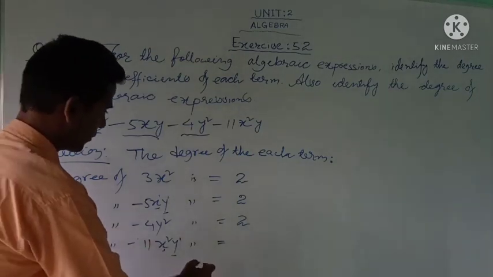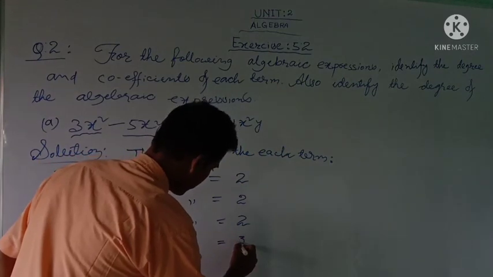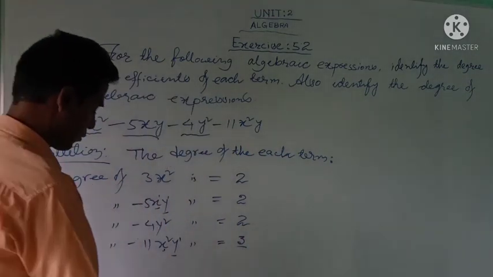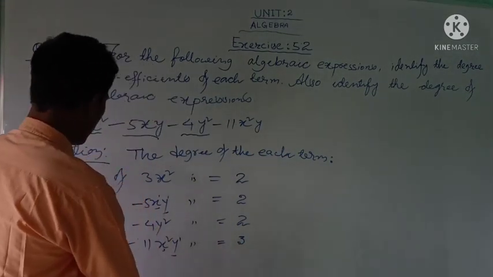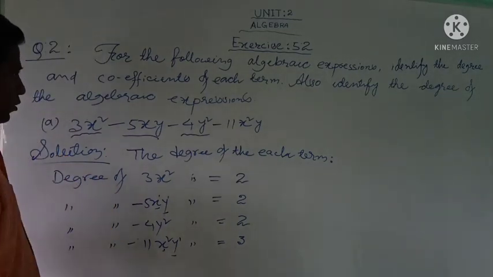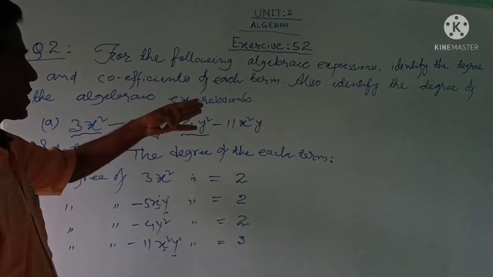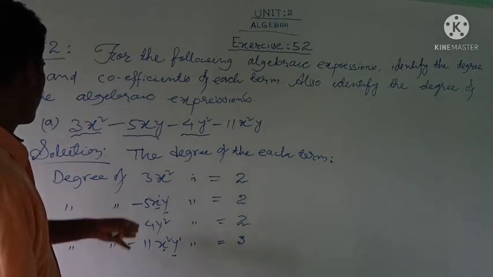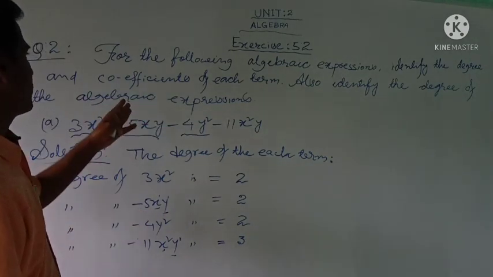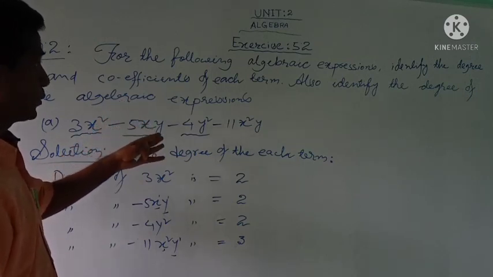So 2 plus 1 will get here degree 3. Alright, so what we got here, so already you have solved the first question. For the following algebraic expression, identify the degree. We have already identified the degree. Now we have to identify the coefficient of each term.